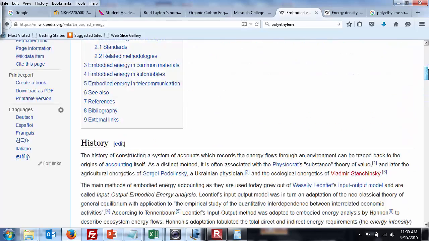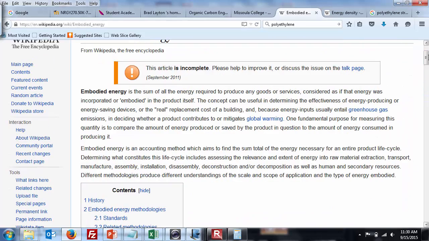Let's just read the Wikipedia definition of it. It's the sum of all the energy required to produce the goods and services. So the harvesting, the heating, the processing, all that stuff. By the time you've got a kilogram of this material, you've pumped sometimes as much as 3 times its energy density into it, right?